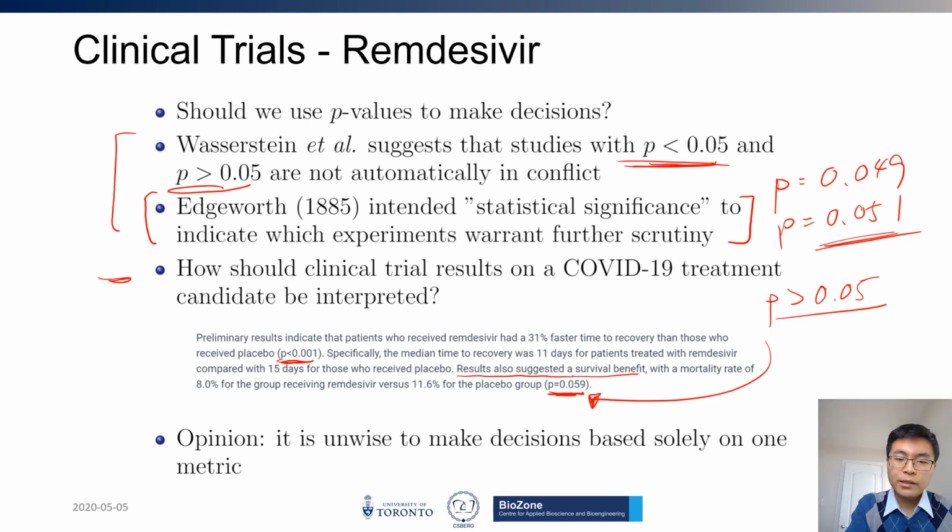And in this paper, they also outline 43 other papers that propose alternative solutions that can essentially be an alternative to just using p-values. And my personal opinion is that it is just unwise to make decisions based on one or two metrics alone. You should really use an ensemble of metrics to come to a final conclusion.